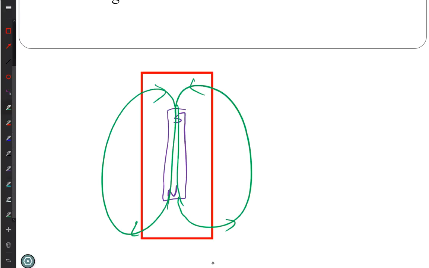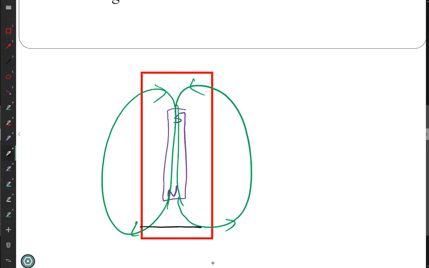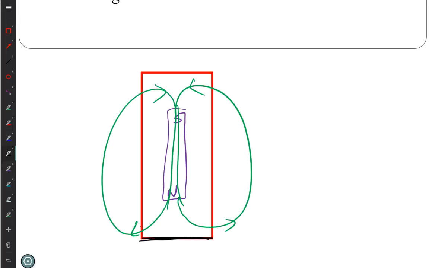Since the magnetic field strength is increasing, what does that say about the magnetic flux in a loop? In a loop here where I have drawn the bottom, what's happening to the magnetic flux through that loop as it falls? It's increasing.